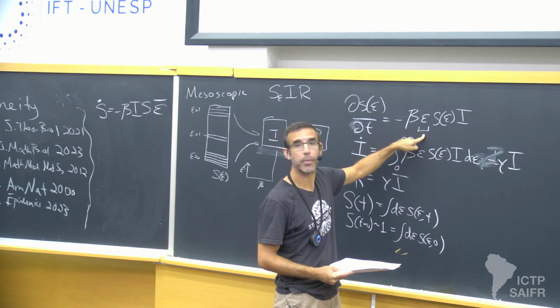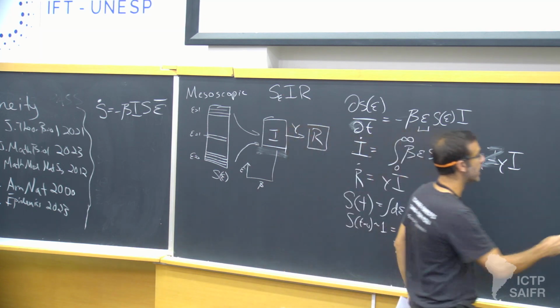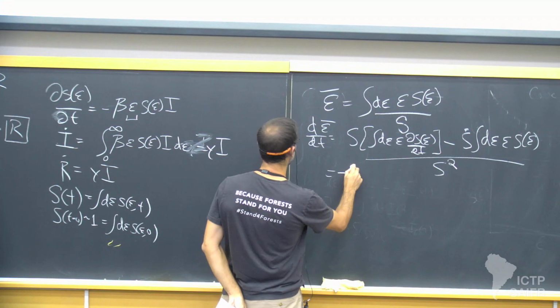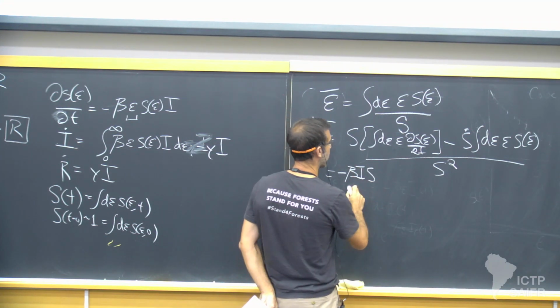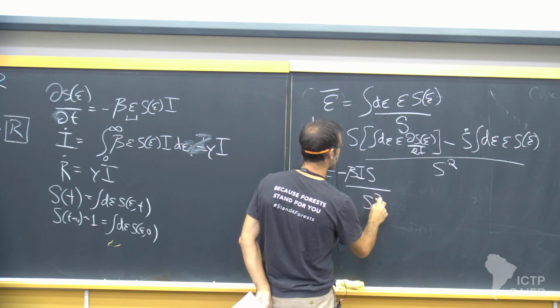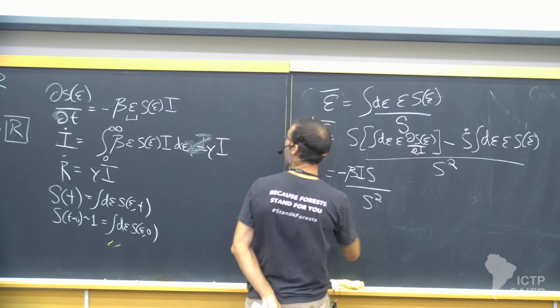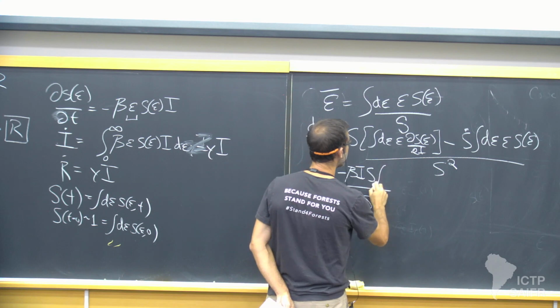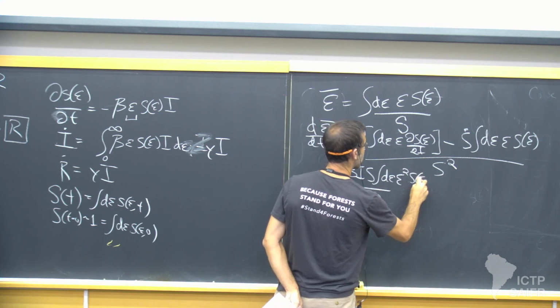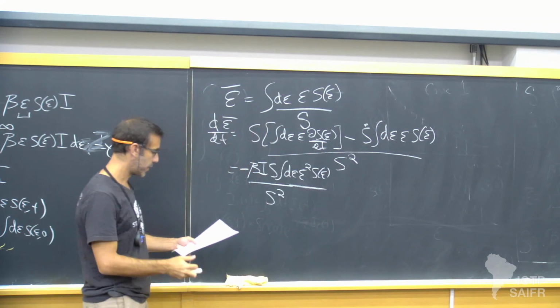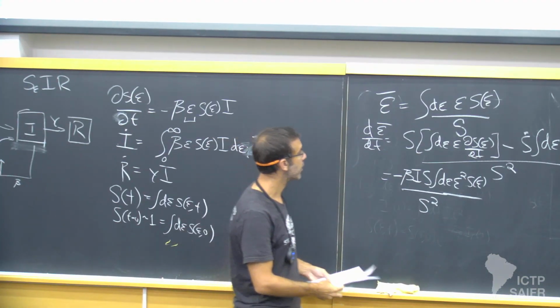Every time we see this partial, we replace it with this, and we get minus beta I, and I'm going to keep my s squareds separate, times the integral d epsilon of epsilon squared s of epsilon. Hopefully we're still on track. Good.